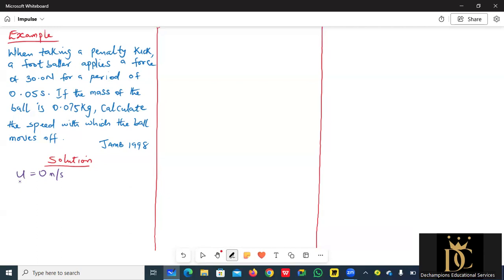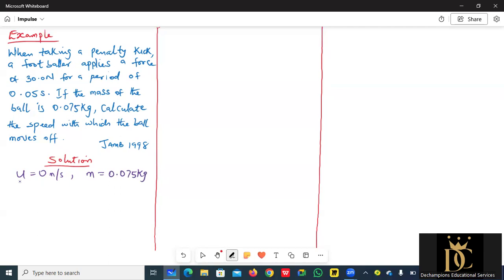And now we are given the mass of the ball to be 0.075 kilogram.